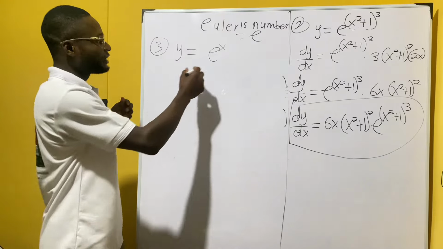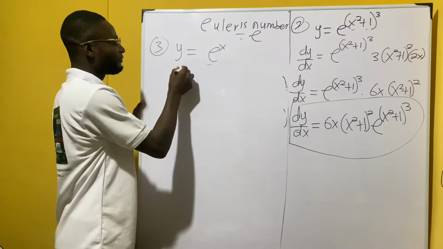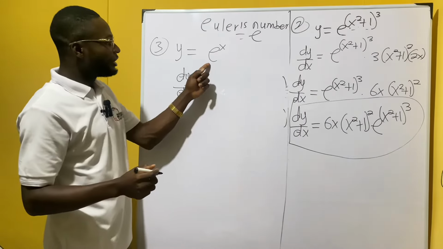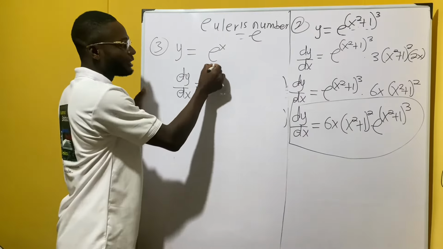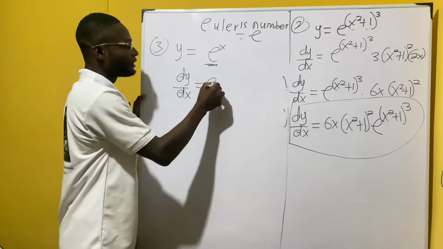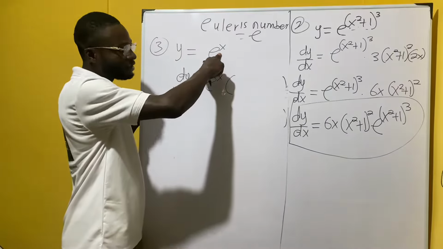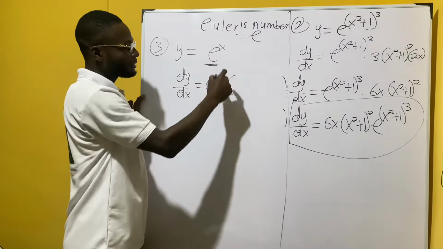We want to differentiate this particular function. So we have dy dx equals, of course we have to maintain the function itself. So we have e power x, then we differentiate the function on top, which is x, and that becomes 1.